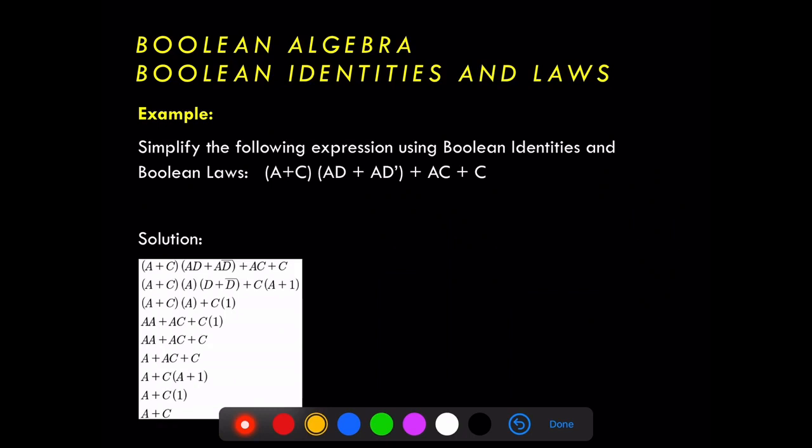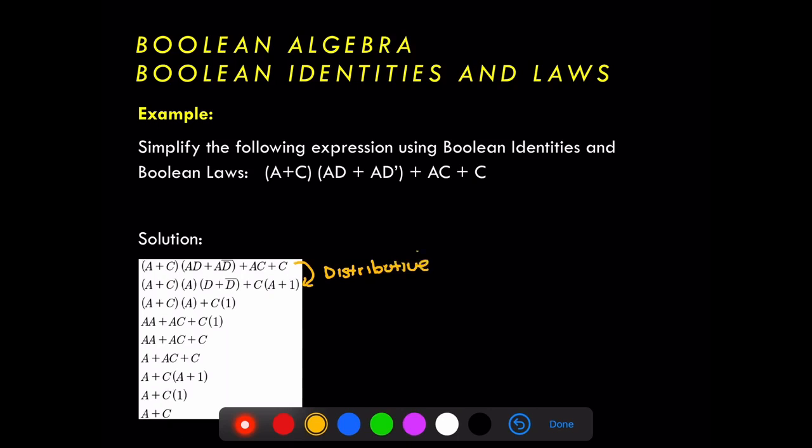Now we can simplify some really complex logic functions using this combination of Boolean identities and laws. As an example here, let's take a look at how we would simplify this expression. Going from the first line to the second line, we've just used the distributive law to pull A out of the equation and C out of the equation.